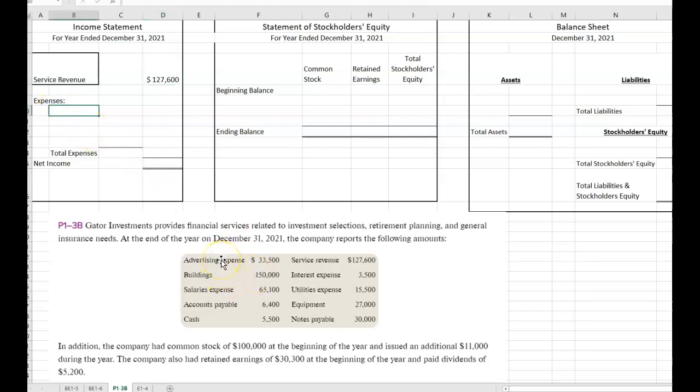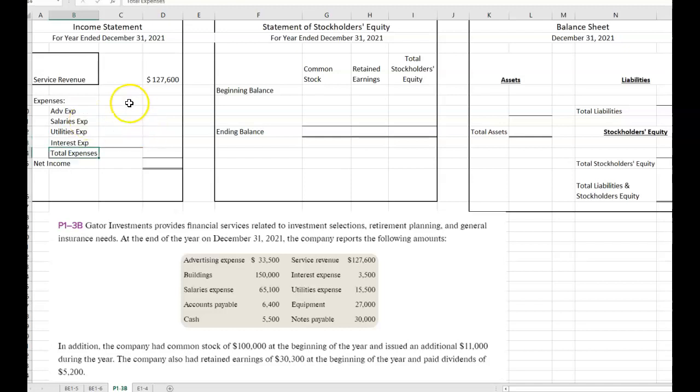So we've got advertising expense, we've got salaries expense, we have interest expense, and we have utilities expense. Let's start with advertising expense, and I'm going to abbreviate here. And salaries expense. And utilities expense. And interest expense.